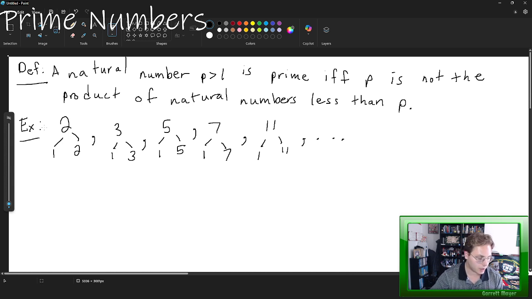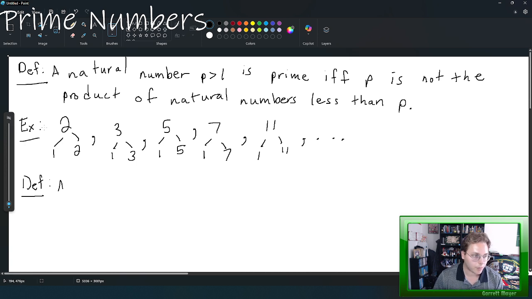Alternatively, let's look at the definition of a composite number, which can kind of be thought of as the opposite of a prime number.